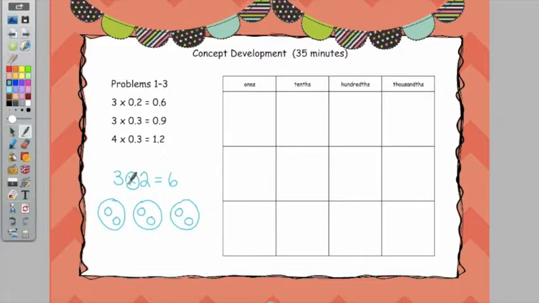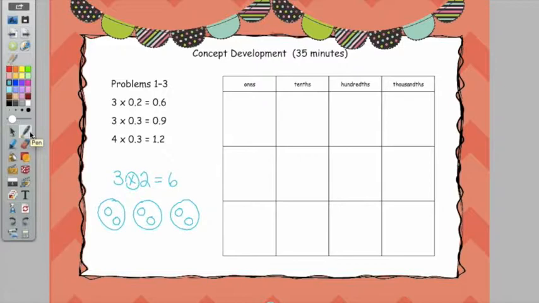Okay? Now I have a little boy, not going to say who he is, but he likes to work ahead of me in block 2. And he looked at this problem and he just started doing this. And I went, whoa, whoa, whoa. Let's see what that really means before you start drawing. So if I'm going to read this as groups of or copies of, what does this mean? 3 groups of 2 tenths.